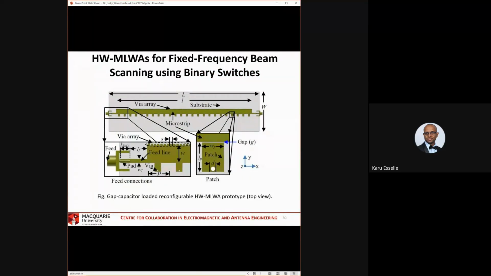So now got another figure showing the same thing, the microstrip line, this patch, the gap, and the via, right? This is just one element of this periodic structure, or could be periodic, could be aperiodic.